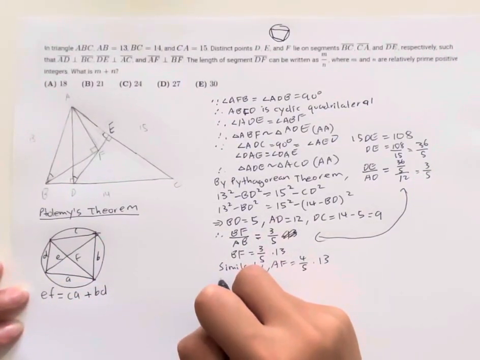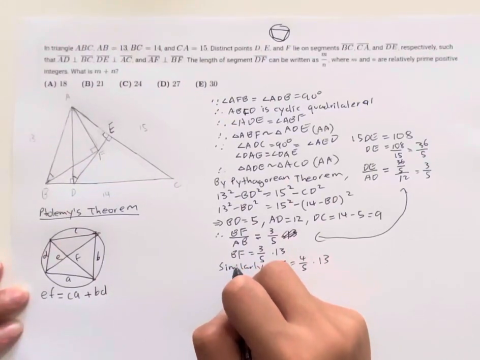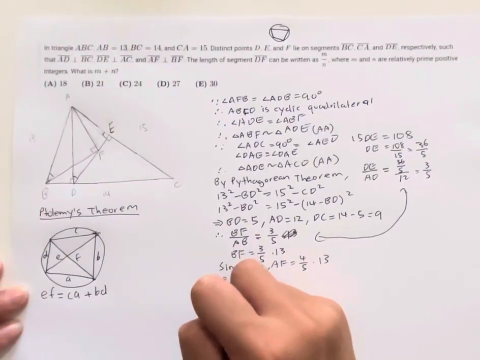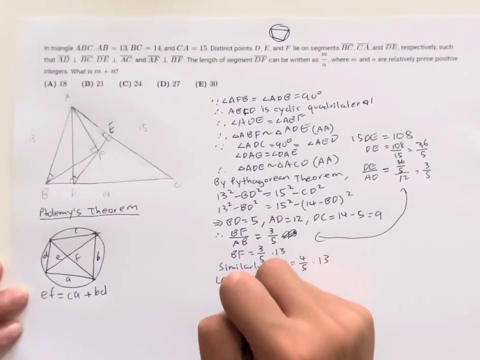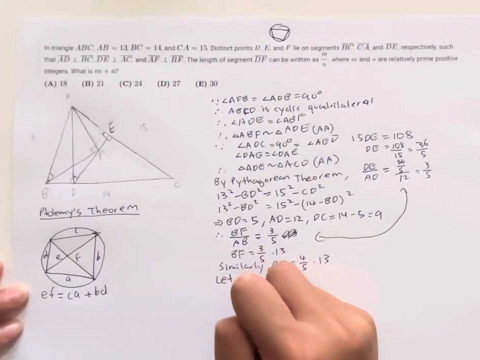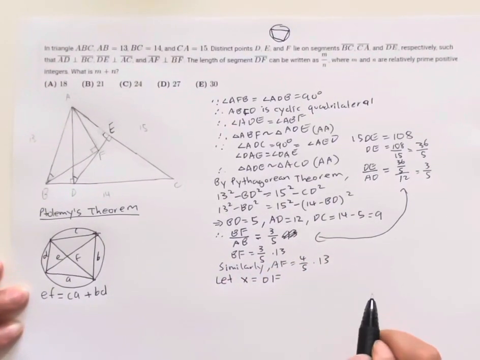So then using the theorem, we can get that, but to make it easier, let X equal DF, because that's what we want, right?